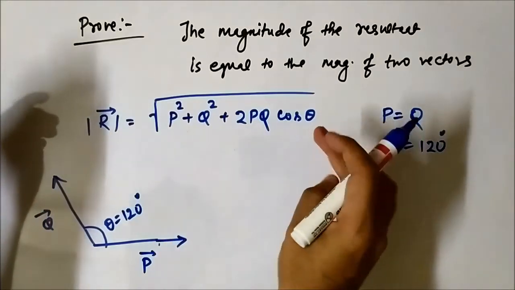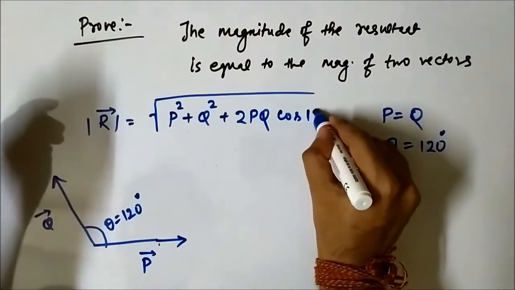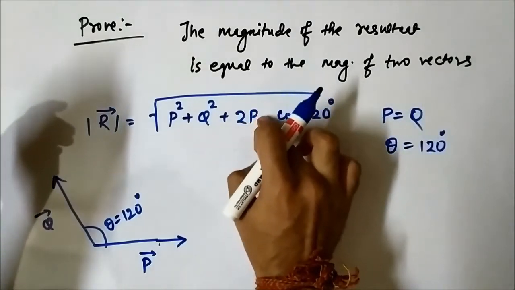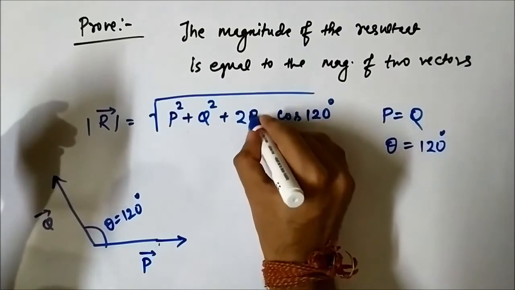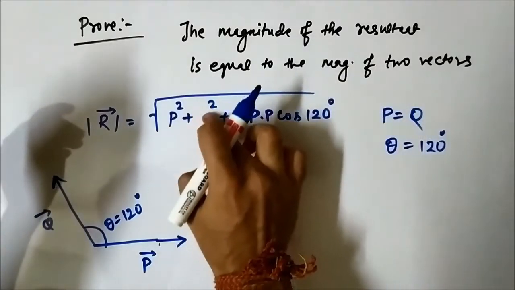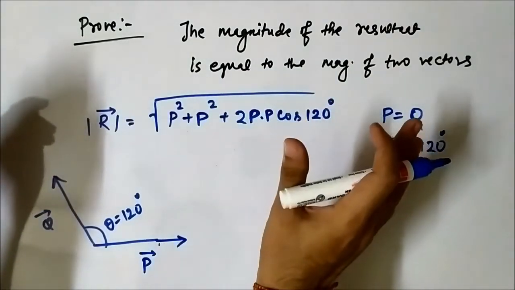So here if we substitute the values, 120 degrees, and we write Q as P, it will become P into P, which will be P square, and here also this will become P. So we have substituted the values.